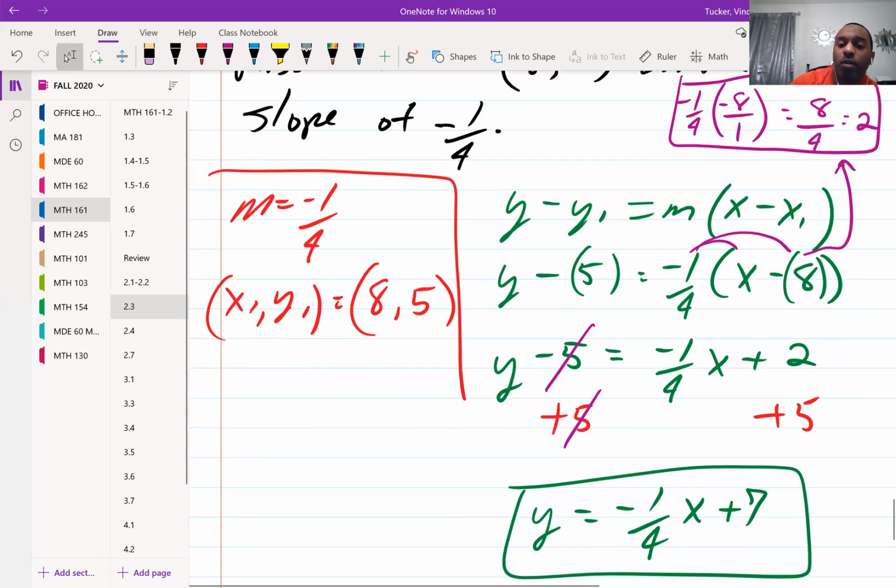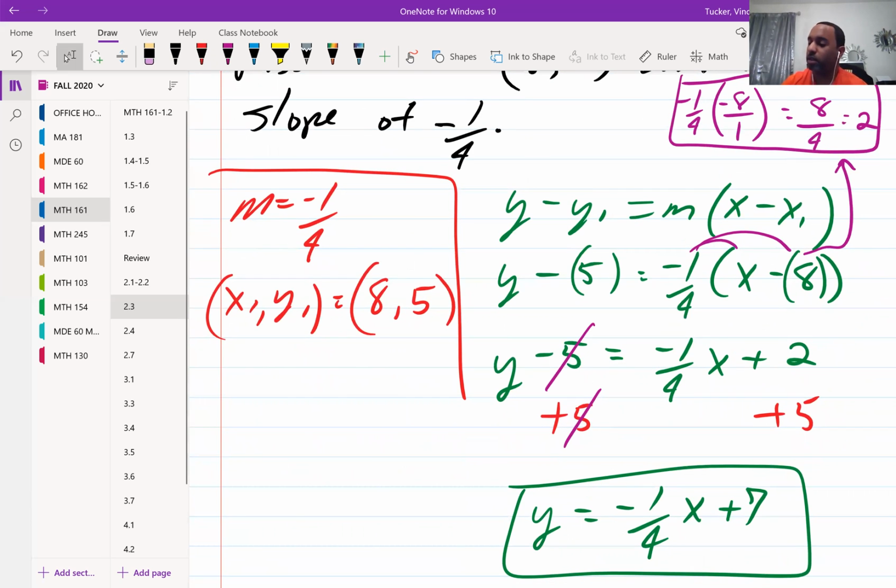And that will give us the equation of y equal to -1/4 x plus 7. All right, questions.